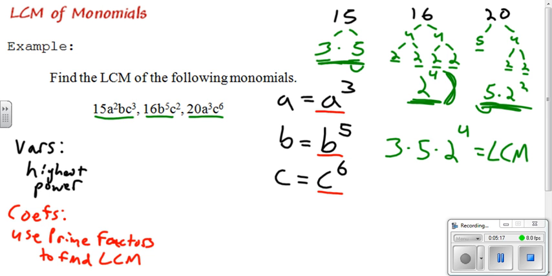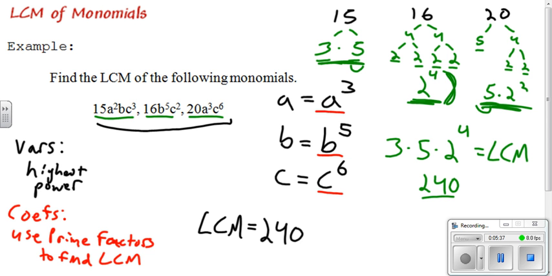If we solve that out, 3 times 5 is 15, times 2 to the 4 is 16. 15 times 16 is actually going to be 240.